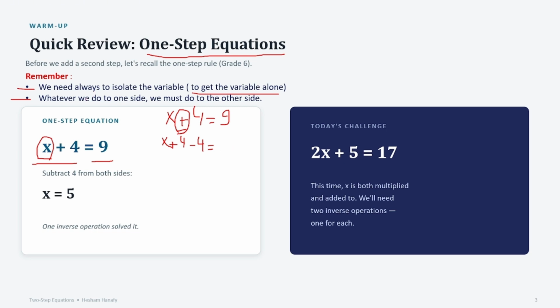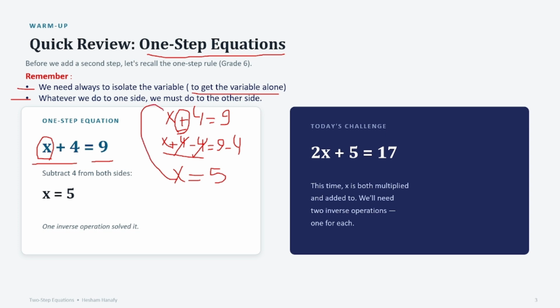Here, as we said, whatever we are doing to one side, we are going to do to the other side. So also here we will subtract 4. So this cancels out, and x will be alone as we wanted, and at the end will be equal to 5. How do we verify my solution?